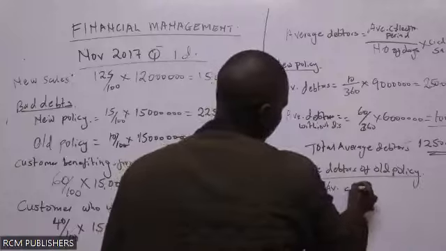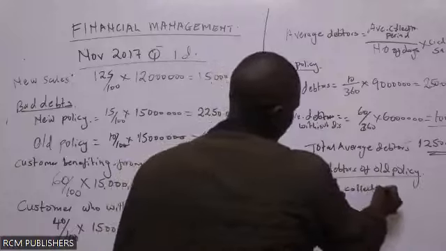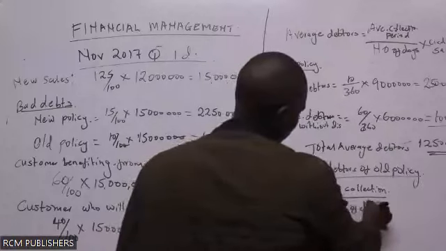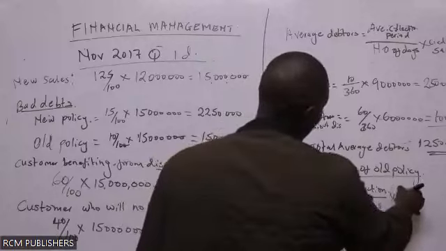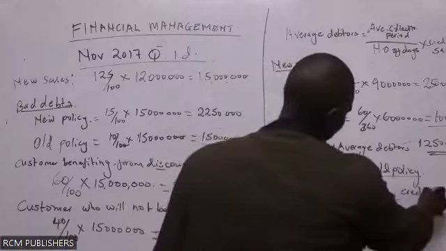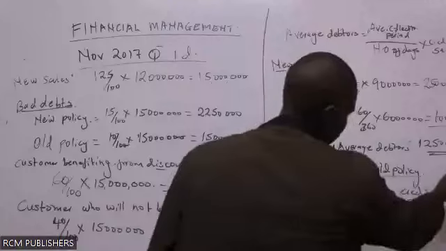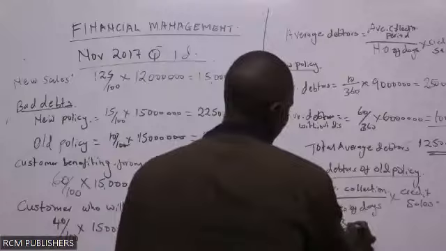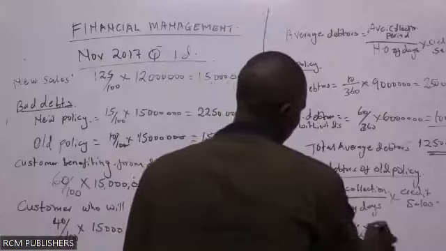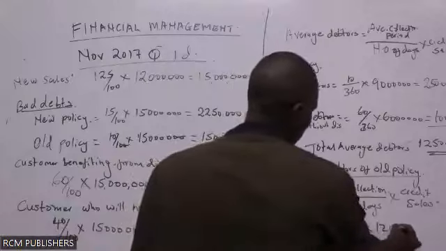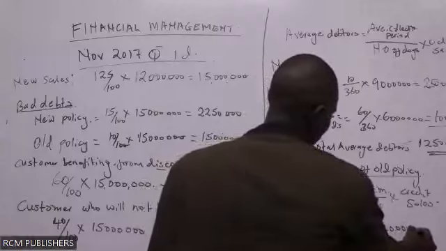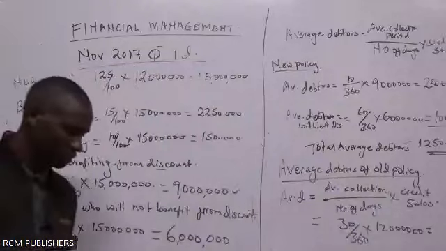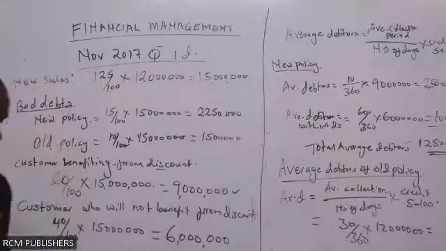Correction period ilikuwa within how many days? Remind me for the new policy before they change. Nione nani anakumbuka hizi 10 times credit sale. Kwa ngapi? 30 days. Thank you very much. So this one will be 30 over 360 for the old policy times 12 million. So tutapata ngapi?